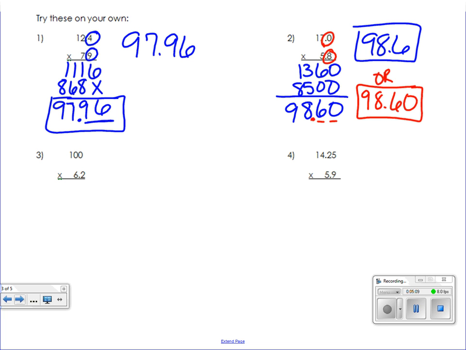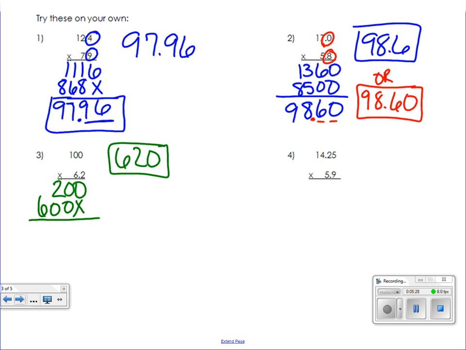All right, on the next one, what did you get? Did you end up getting 620? If you did, awesome. If not, let's look at it. All right, when I multiply 2 times 100, I get 200. Then I've got to multiply the 6 by 100. Put my placeholder, and I'd also get 600 there. Add up my numbers.